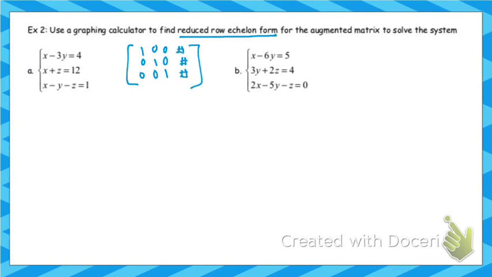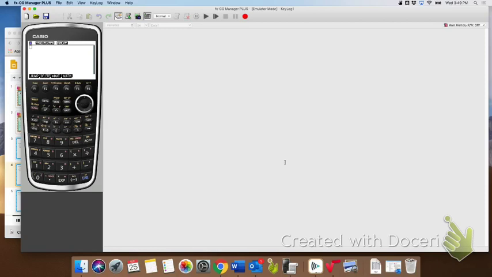Because that matrix represents a system, and that first column was all of my x variables, it's going to tell me what x equals, whatever number is at top. Then it's going to tell me that y equals this number and z equals that number. So this is going to give us a really easy way to solve systems using our calculator. So go ahead and get out a calculator.